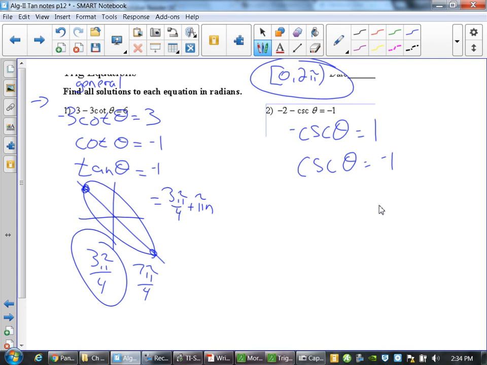Cosecant is the inverse of what trig function? Sine. What angle has a sine of negative 1? Pi over 2 and 3 pi over 2. Good job, Sandy. Go to the next problem. Remember, sine is between negative 1 and positive 1. Oh, 90 degrees, I'm forgetting about 90. Quadrantals are important.